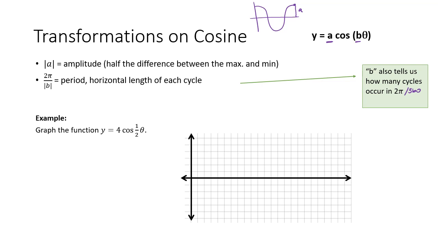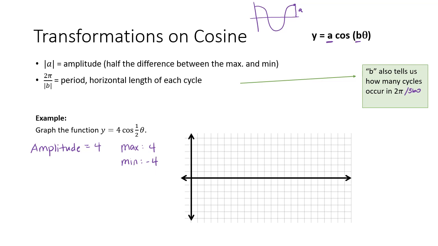Here we are asked to graph y equals 4 times cosine of 1/2 theta. So first of all, we have a different amplitude. Our amplitude is going to be 4. Now that also tells me that my max value is 4 and my min value is going to be -4.